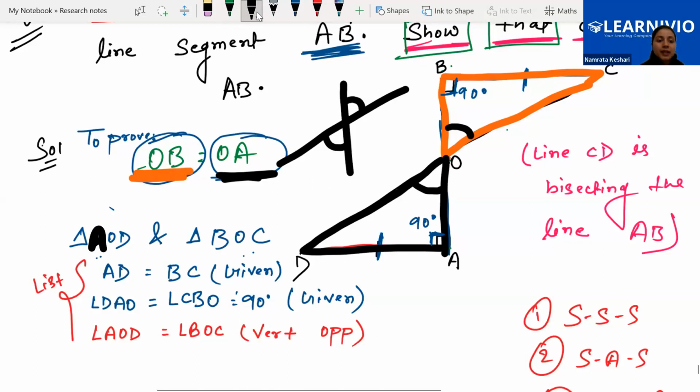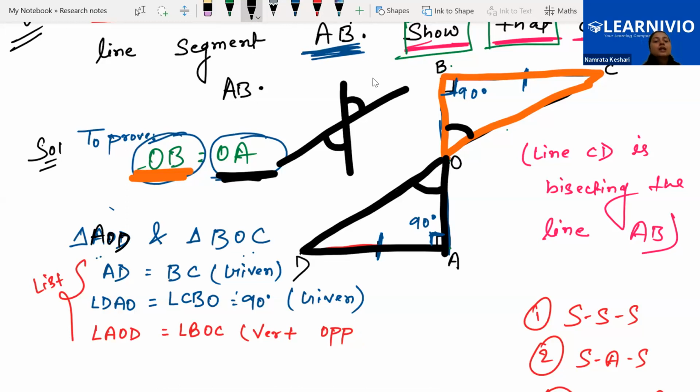This AOD is the black triangle, and BOC is the orange one.